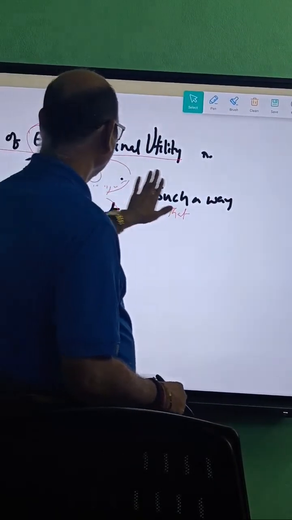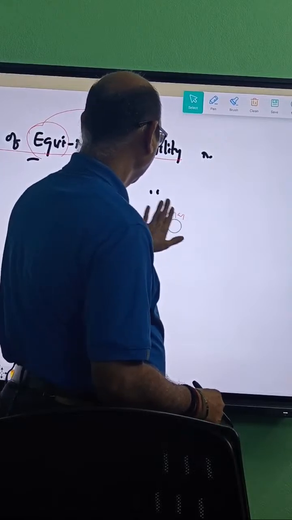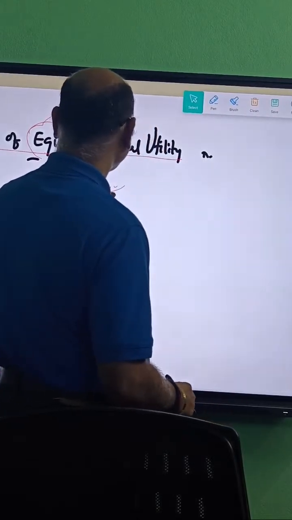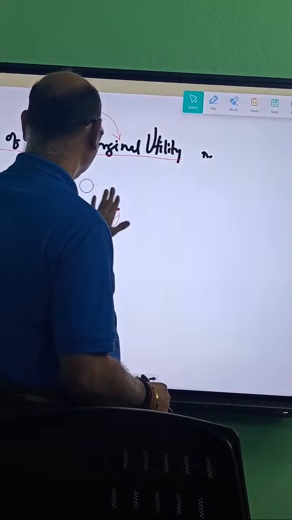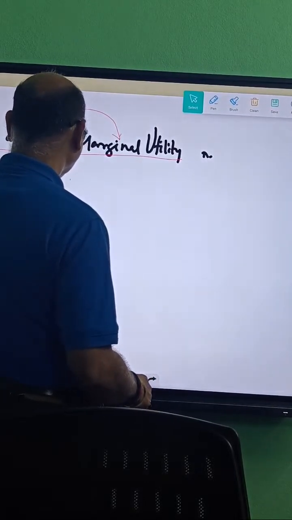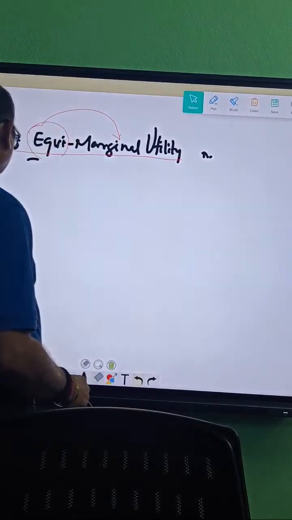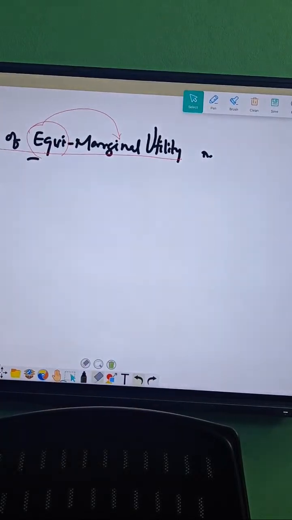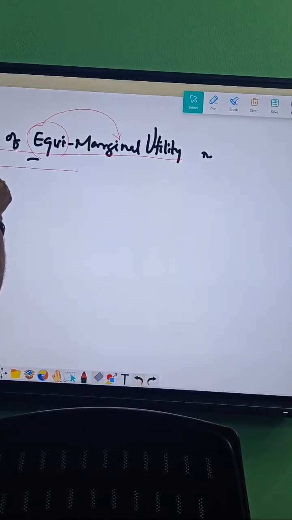Let me take you to the table, and through the table I will show you how this person having 7 rupees purchased two commodities, rice and wheat, and gained maximum satisfaction. Let the table be like this, I am drawing it. Here we have to take units he purchased.